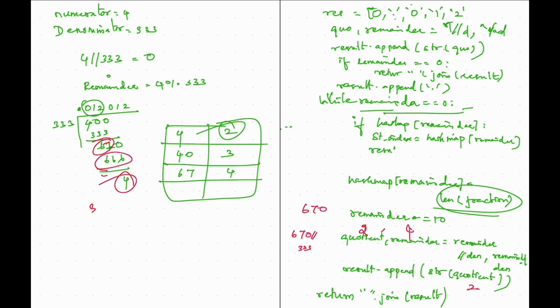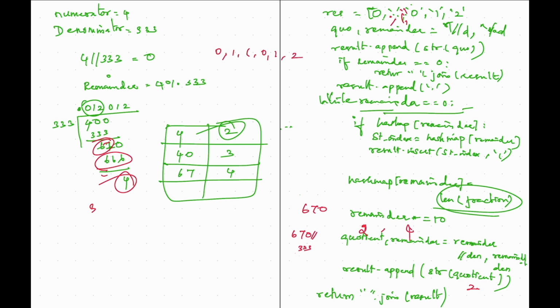So result dot insert start index comma open bracket. Okay, now here the open bracket would have got appended. Okay, here it's the dot. So now 0 dot 1, open bracket, 0 1 2.